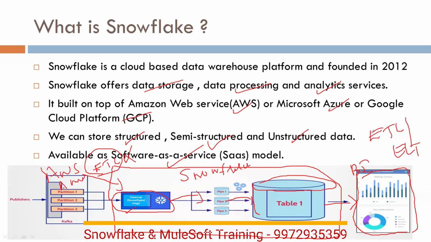This is one of the good features. Normally we have ETL tools like Talend, Informatica, MuleSoft, to process this data. But here it is not required. It's like serverless. So the features are available here itself. Without using any third-party tool, we can load the data into our Snowflake tables.